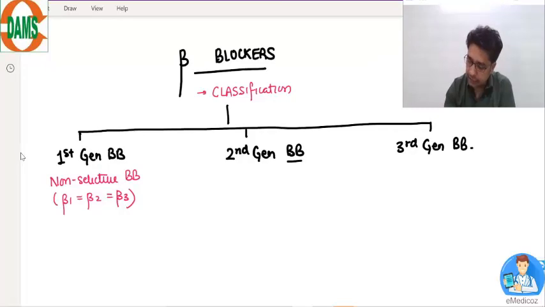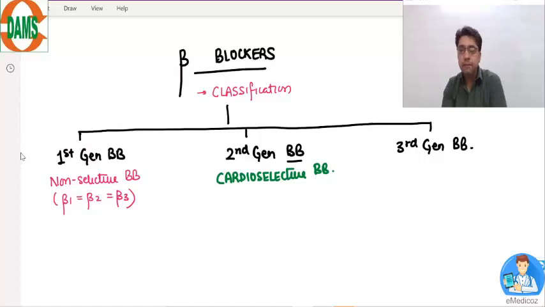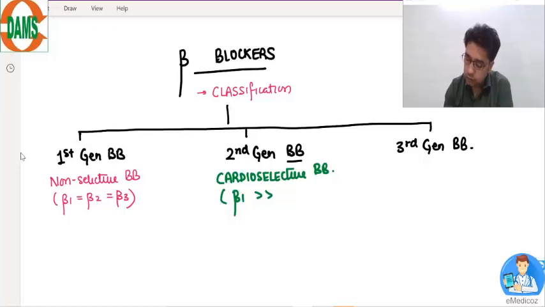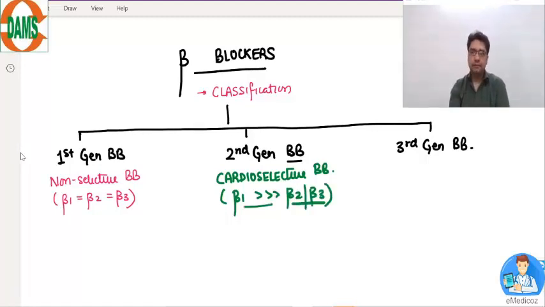Second generation, they are known as cardioselective beta blockers. Can you tell me which receptor they will mainly be blocking? Which receptor is mainly present on the heart? They will mainly block beta 1, less of beta 2 and beta 3.